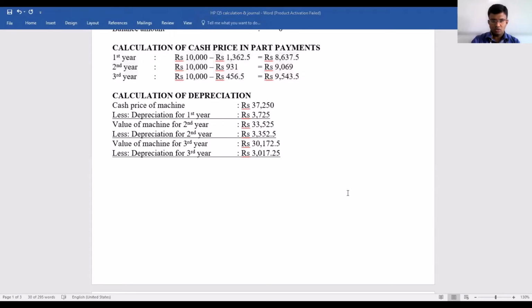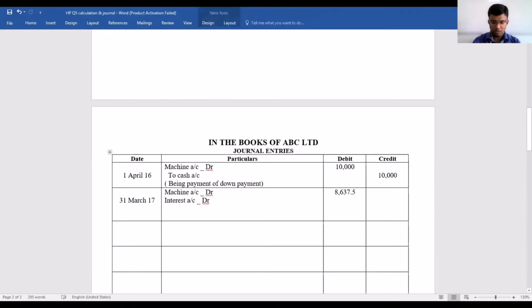So that interest also we will have to put in over here. So it's 1,362.5, and the total of this is becoming due to the vendor. Now in this case, our vendor's name is HMT. So to HMT Limited account, and the total will work out to be rupees 10,000.